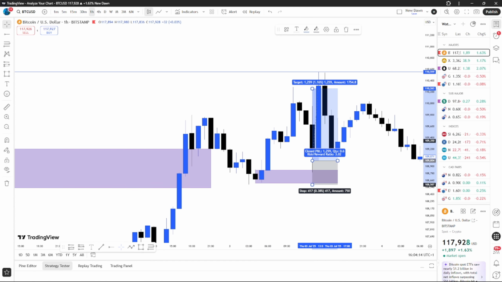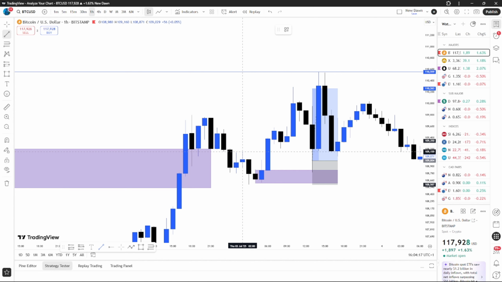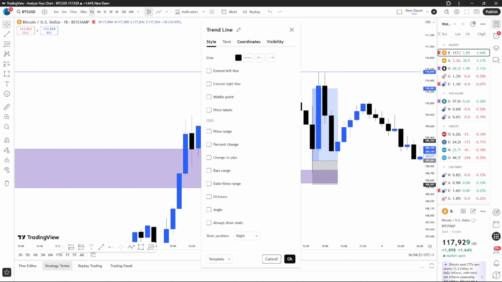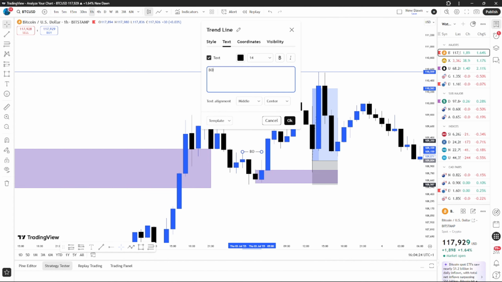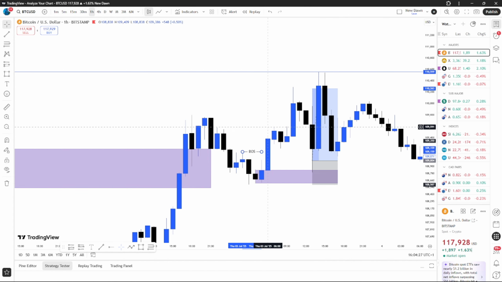So when structure was broken at this point, which is our break of structure there, all you needed to do is wait for price to come down to the demand zone and then take a buy.